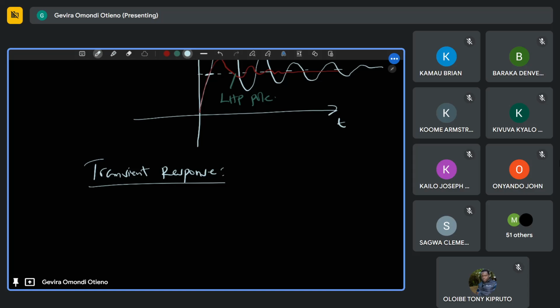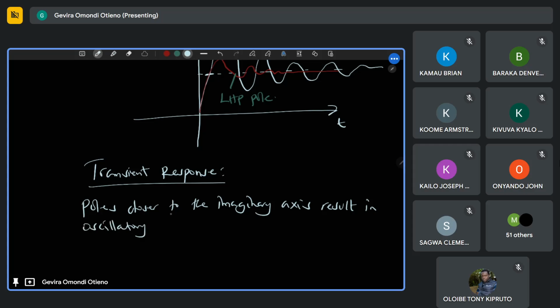You can say poles closer to the imaginary axis, like I've said, results in oscillatory behavior and higher overshoot.